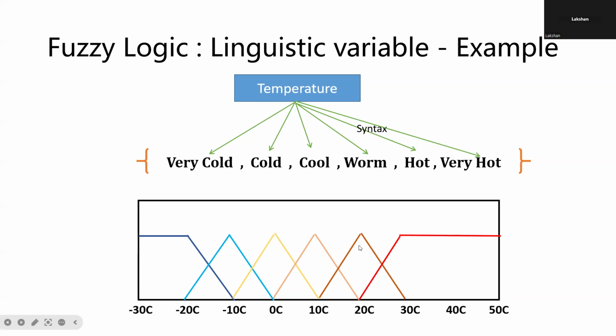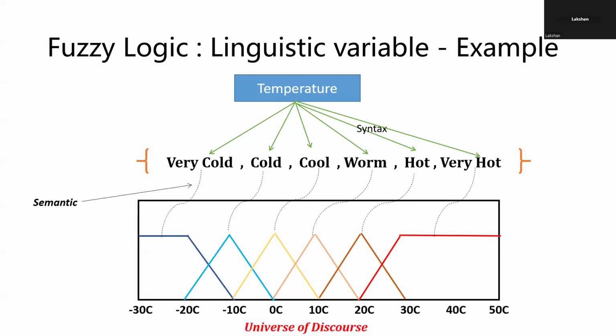This is again the membership functions that we have talked about a few times in the past with fuzzy sets. So this is the same. So we will be using this for the universe of discourse. That means the exact values.